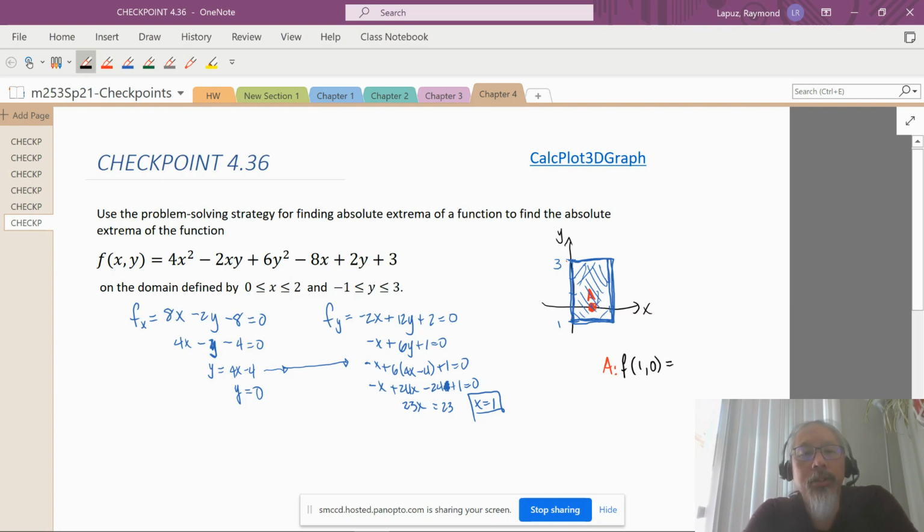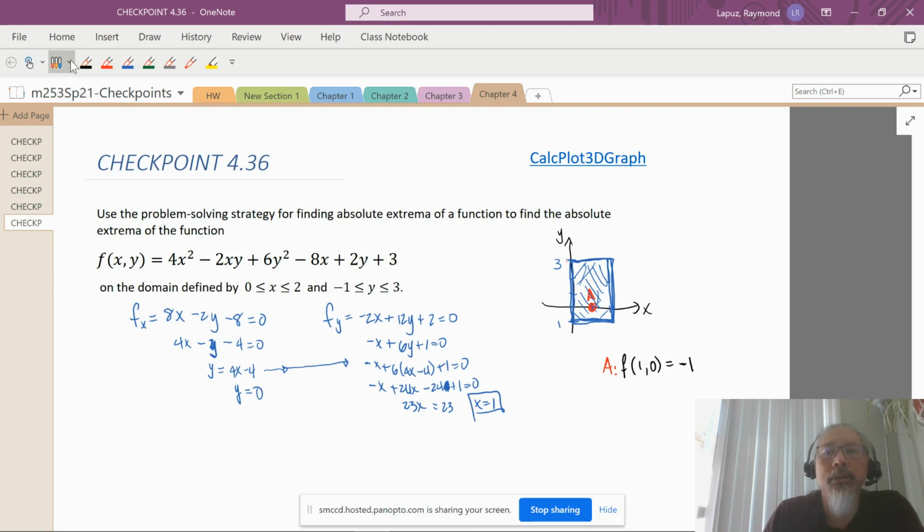The strategy tells us that for the critical points inside and on the boundaries, as well as the endpoints, we put those into the function to see which one's the largest. So we put 1 in for x and 0 in for y. That's going to give us a 4 minus 8, that's -4. -4 plus 3 is -1. Okay, that's our first point.